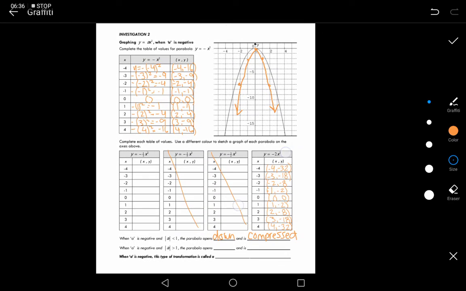That would be all 3 of these graphs that we didn't graph. They would be compressed, which again means, imagine standing in the middle here and just pushing out those 2 sides. That will give you that compression.